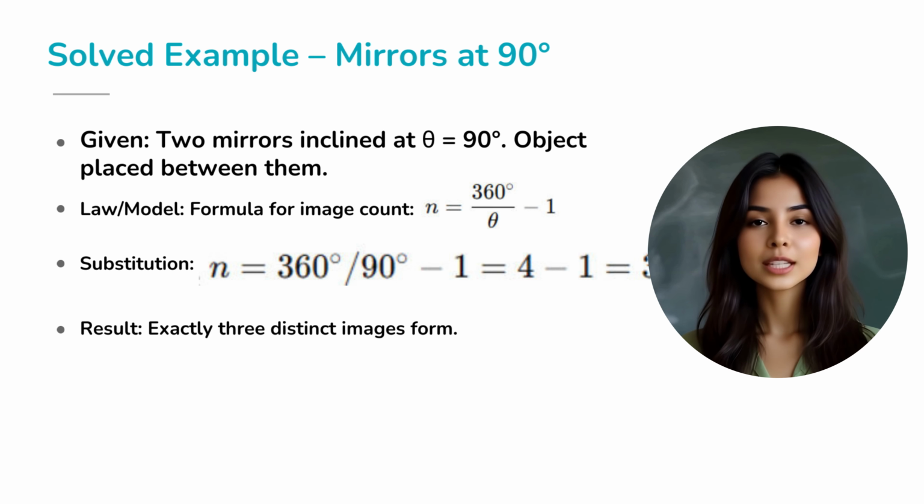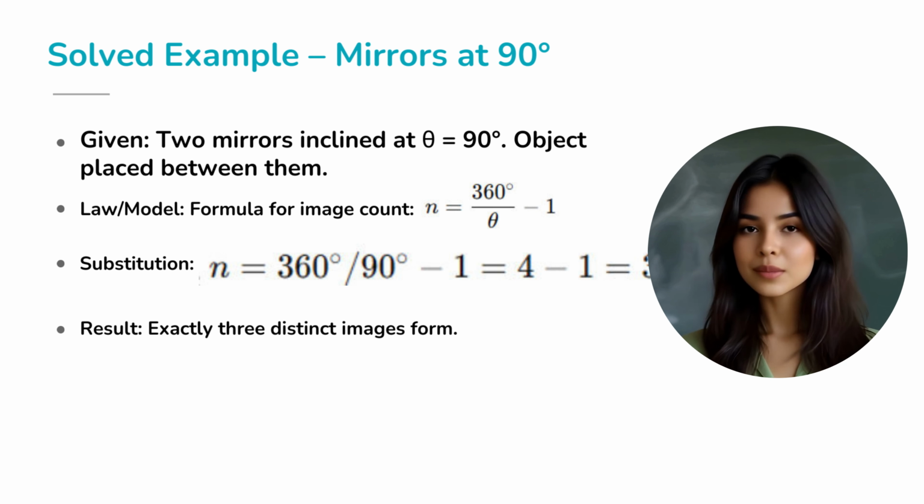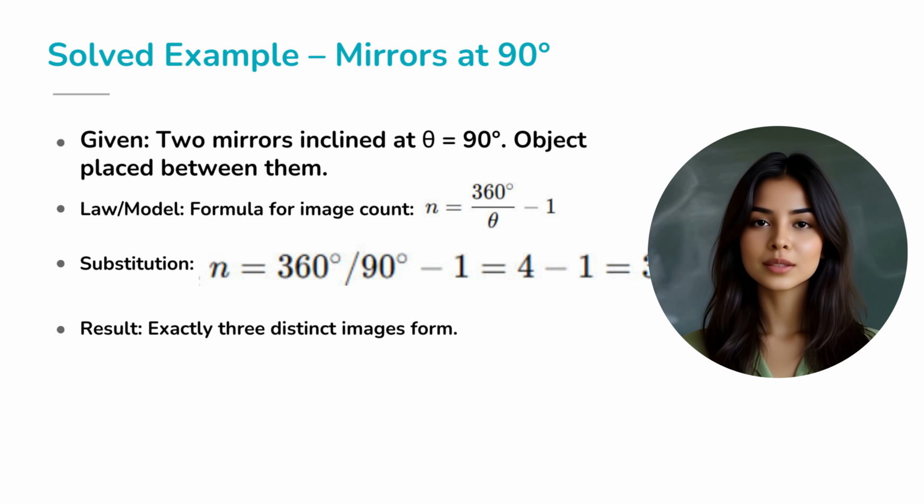Let's solve this in exam style. Given: two mirrors at right angle, theta equals 90 degrees. Find the number of images. Model: formula is n equals 360 divided by theta, minus 1. Let's call this equation 1. Substitute: put theta equals 90 degrees.